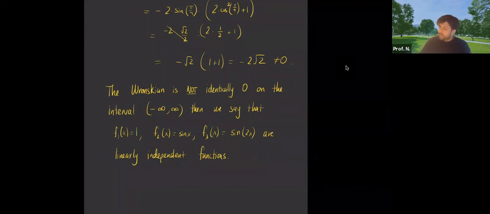Okay, so now we have several ways to show independence for different kinds of objects that we're dealing with now in different types of vector spaces. So now the question is, what's so significant beyond the fact that we can show whether a set of vectors are linearly independent?